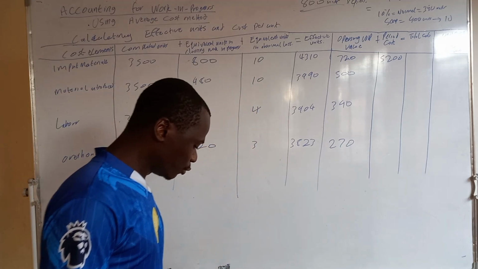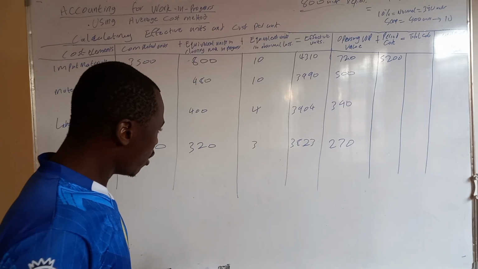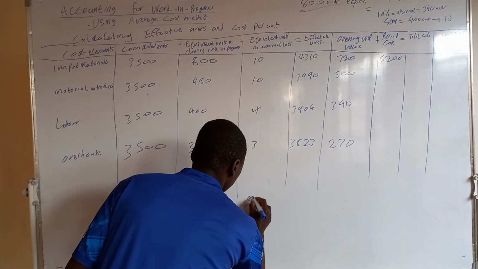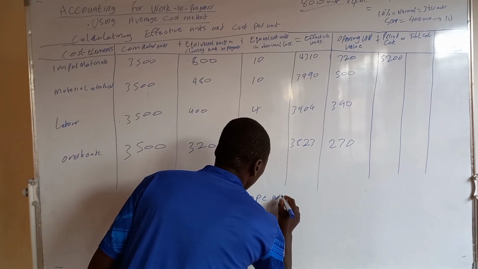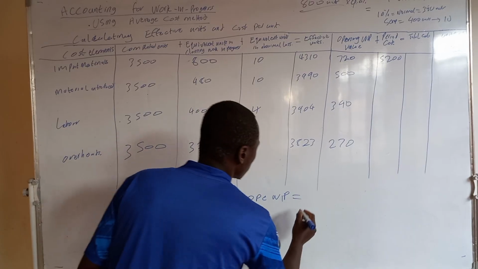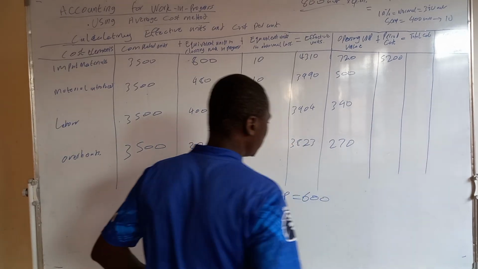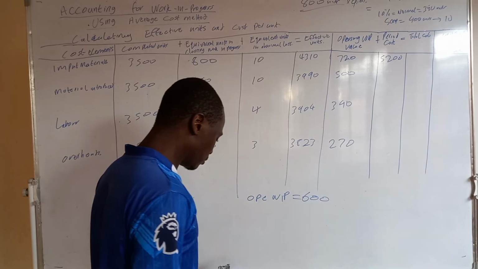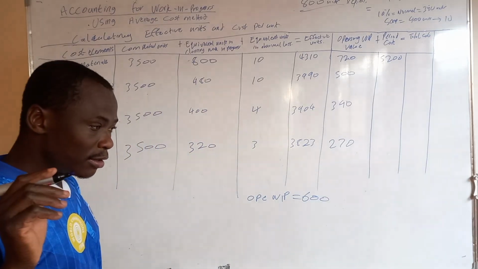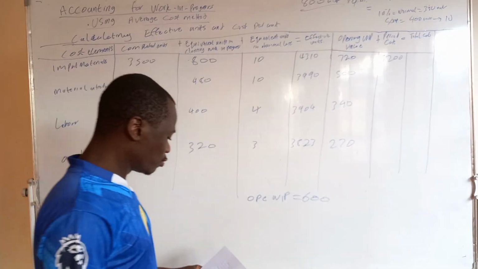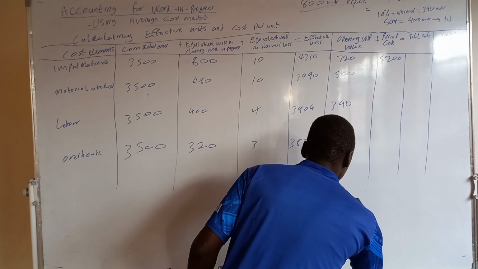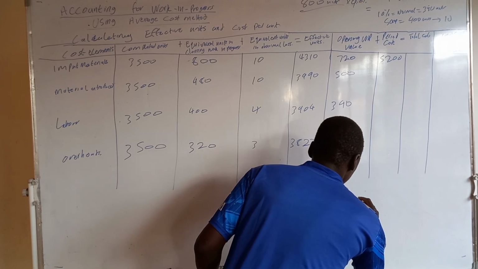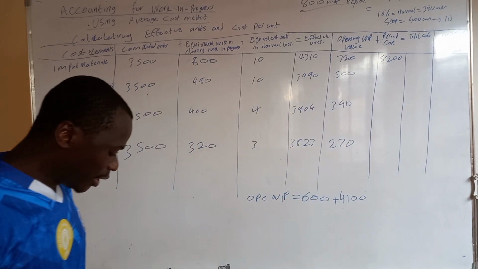So what did we produce? We had opening work in progress, which was 600. You remember? We had transfer from process 1, which was 4,100.